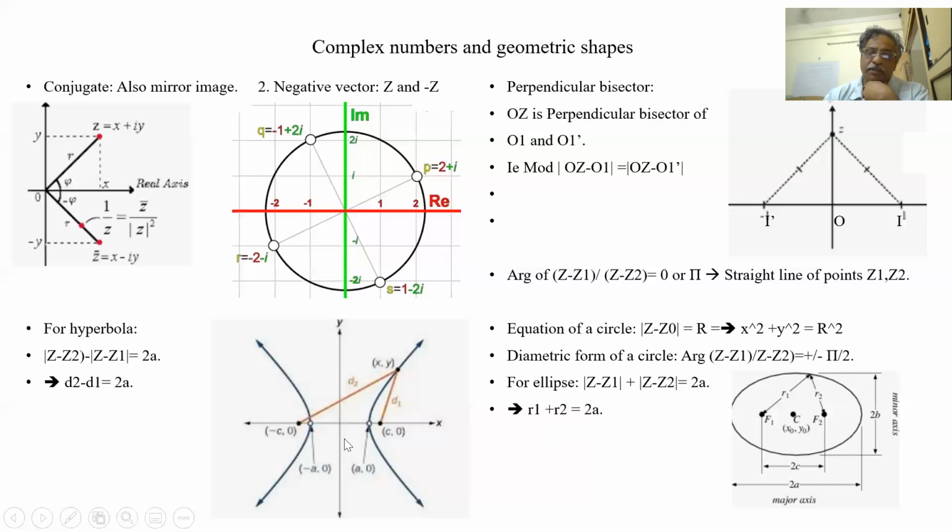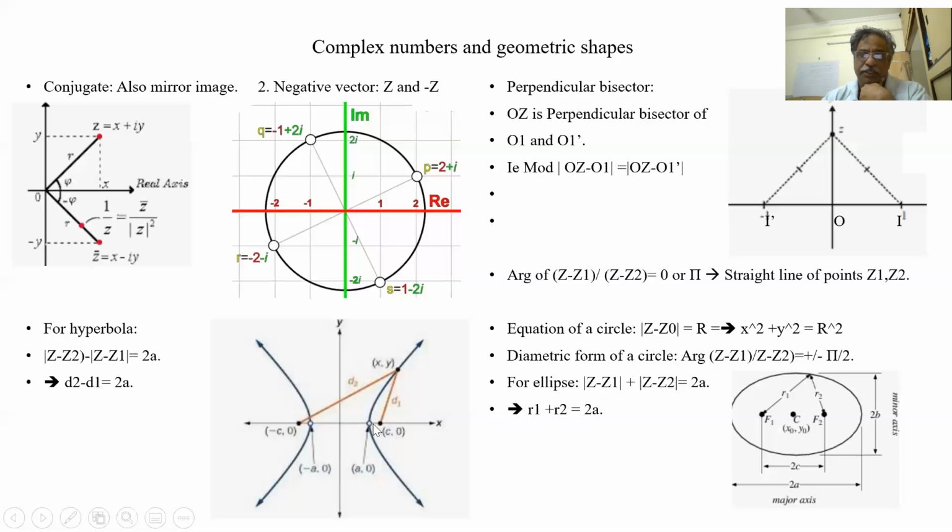For a hyperbola, suppose this is the z point. Mod of z minus z1 minus mod of z minus z2 is equal to 2a. Here it is plus 2a, here it is minus 2a. Because suppose from this point, let us say this is a hyperbola point, let us say point A0, from the focus, what is the distance here? This is c minus a. This is 0, 0, this is c, this is a.